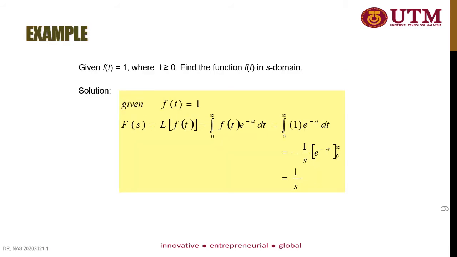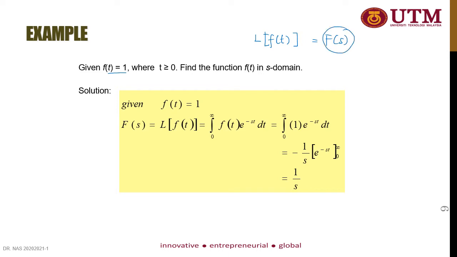Okay, let's look at the first example. Given a signal f(t) equal to 1, where t is larger than or equal to 0, find the function of f(t) in S domain, meaning that you need to perform the Laplace transform of f(t). So L{f(t)}, you will get F(s). So what is your F(s)?